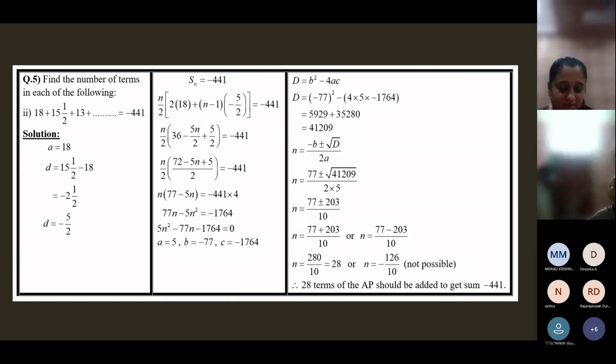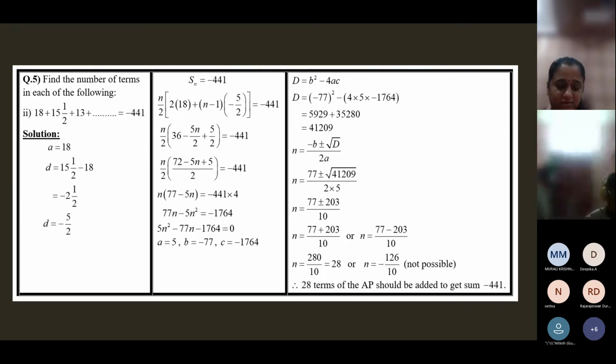Rajeshwari, again with the sign, it's minus 1764 only, no? Why did you make it plus? Sorry, ma'am, I made a mistake. Yeah, you're right. So she's also right.